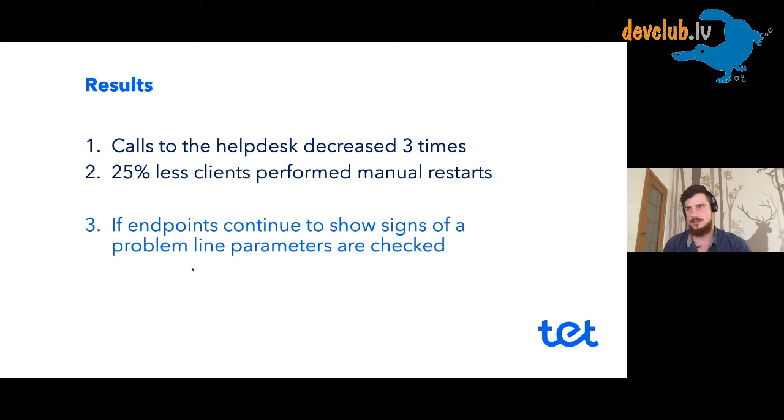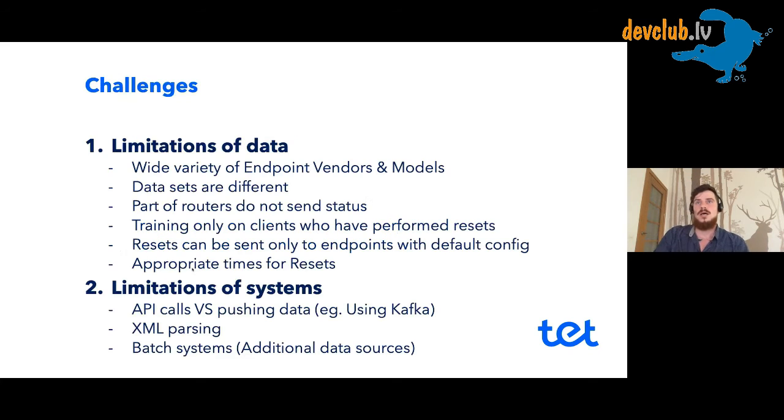At the moment, these line parameters are reviewed manually by technicians. Then we'll be adding more parameters, more labels with this data to the algorithm, so it could check not just the endpoint, but also infrastructure that's outside the customer's house.